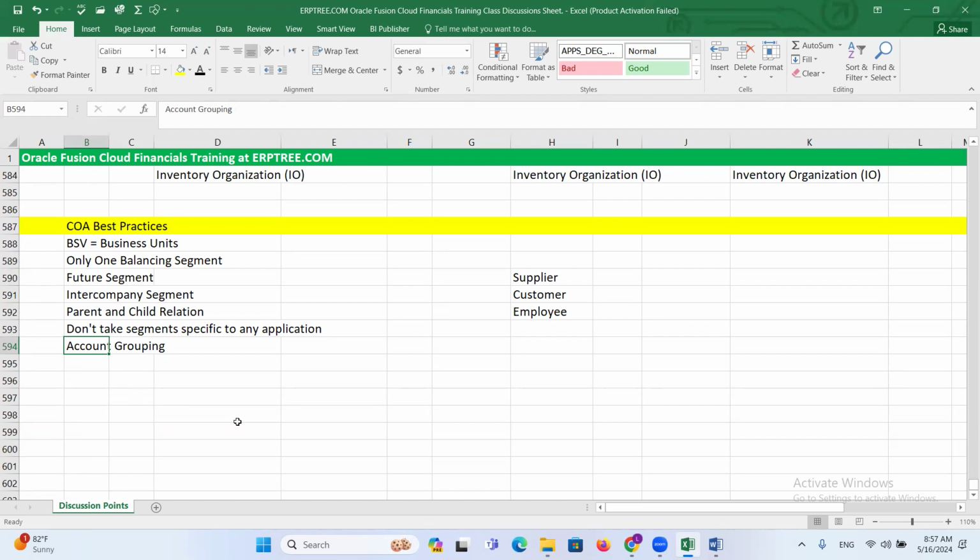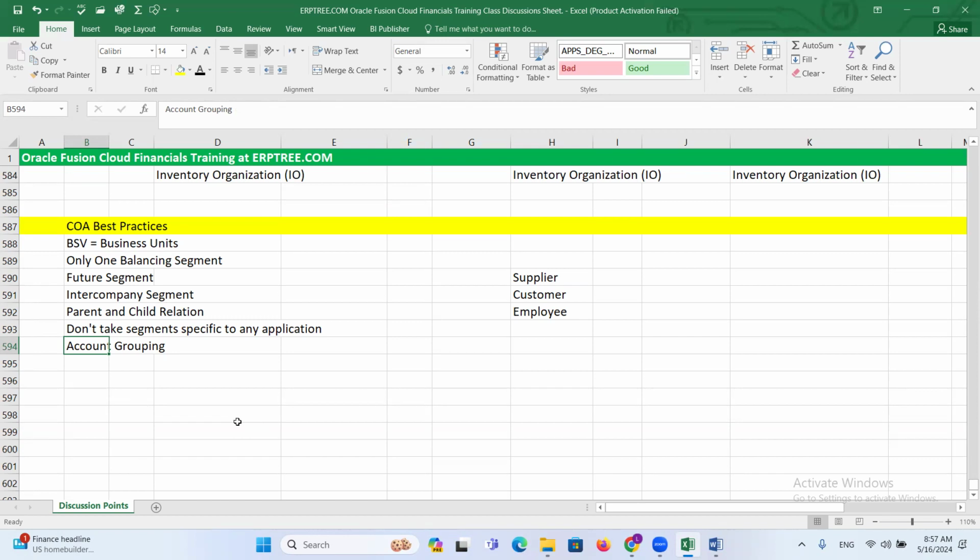So for asset accounts you may start with 10,000 as a series, liabilities maybe 20,000, revenue maybe 40,000, and expense maybe 50,000.